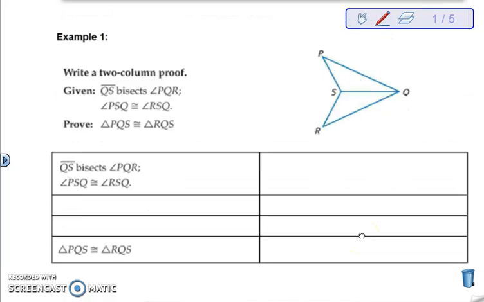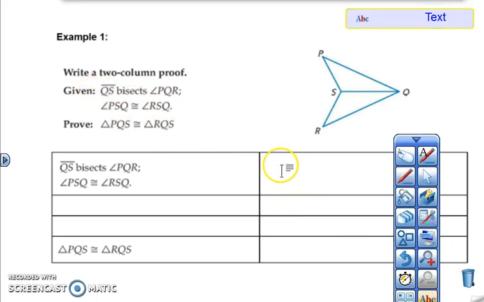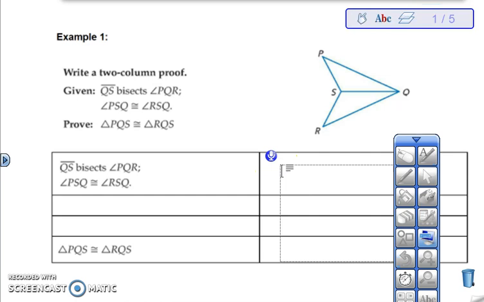So if we're looking at an example, they're going to give us our little given statement. So before we even do anything, we know that we're just going to put given in here.